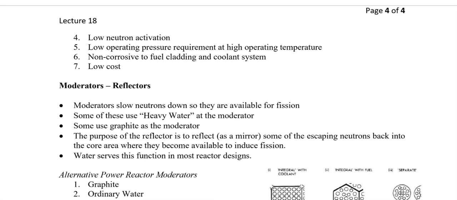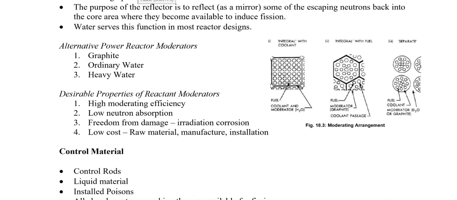Water serves this function in most reactor designs. The alternative power reactor moderators are graphite, ordinary water, and heavy water. Desirable properties should be high moderating efficiency, low neutron absorption, freedom from radiation damage and corrosion, and obviously low cost. Raw materials should be available, and manufacturing and installation should be easy.